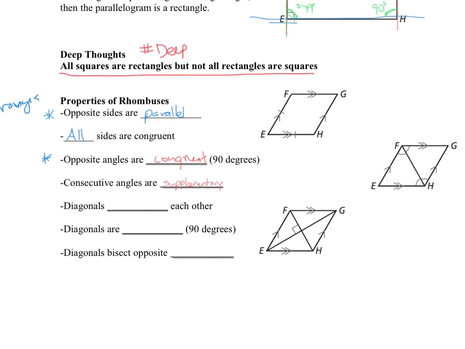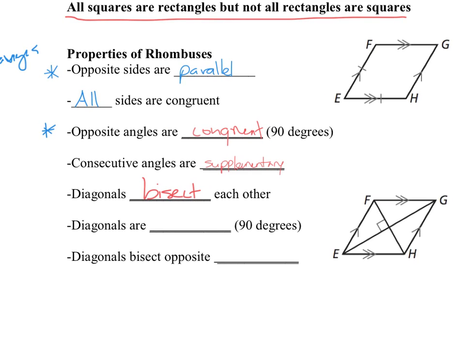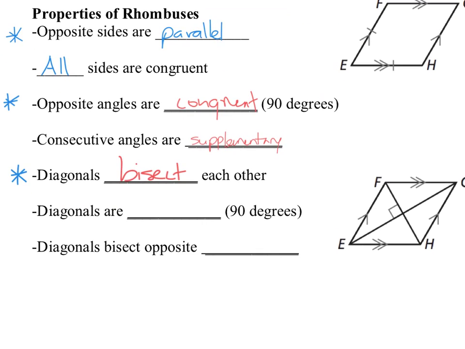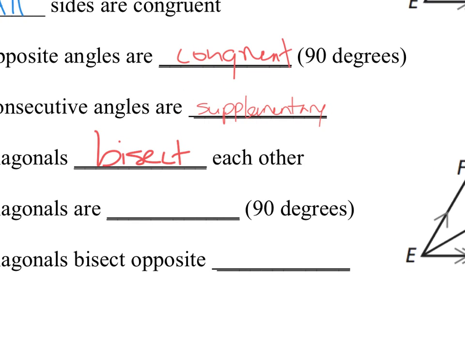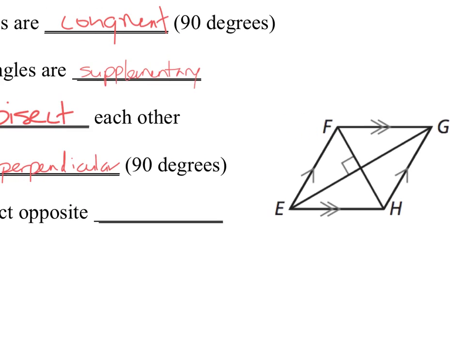Diagonals bisect each other. That's still from parallelograms. And the diagonals are actually perpendicular, which is special. So those meet at a 90-degree angle.